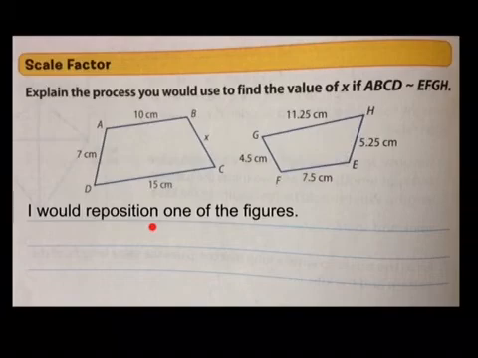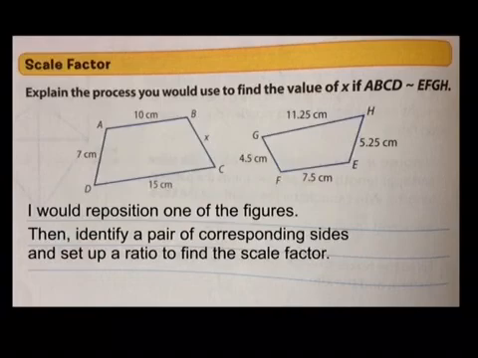So first I would reposition one of the figures. Either flip this one upside down or flip this one upright. Then identify a pair of corresponding sides. For example, if I flip it around, I know that this 7.5 centimeters is going to correspond with this 10 centimeters, right? And set up a ratio to find the scale factor.